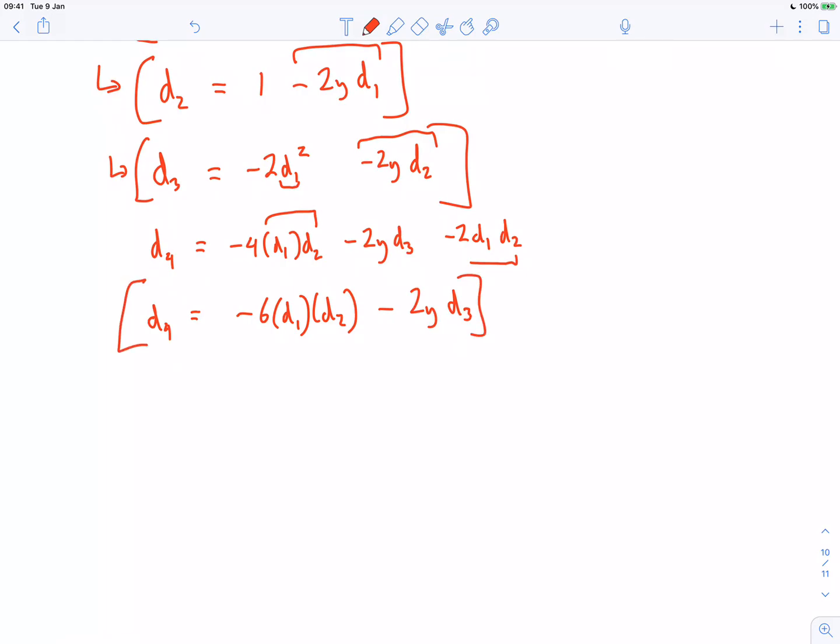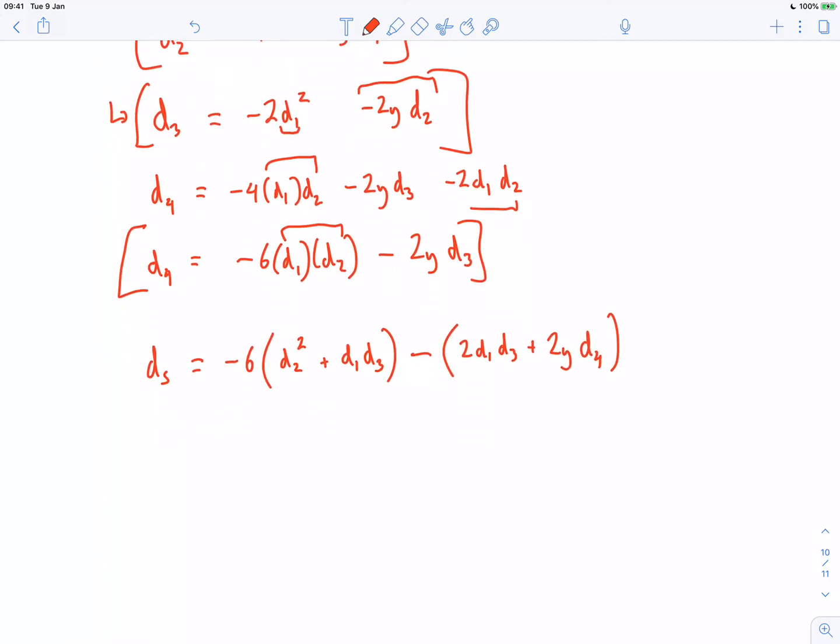Now I just have to differentiate one more time. So d5: I've got minus 6 lots of the product of d1, d2, and I differentiate. Differentiate d1, it becomes d2, leave the d2 alone, so that's squared, plus leave the d1 alone, now differentiate the d2, it becomes a d3. And now minus 2y d3: the 2y differentiates to 2 d1, leave the d3 alone, plus leave the 2y alone, and then d3 differentiates to d4.